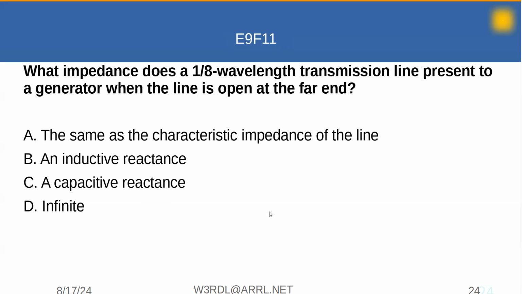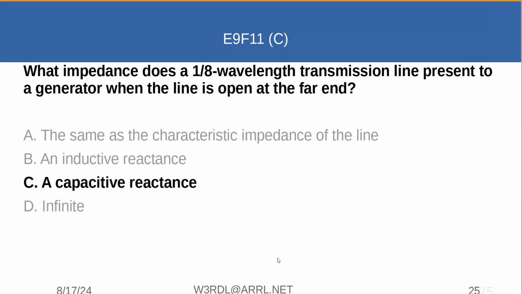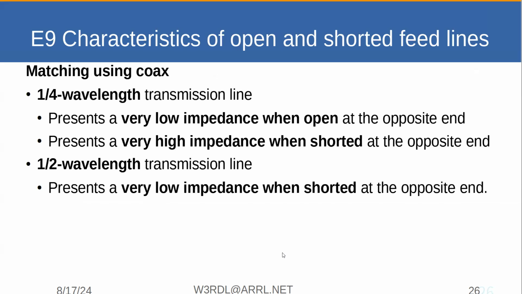If it's open at the far end, okay, if we use a quarter wave piece of coax as a match, it gives us a very low impedance when it's open at the opposite end.